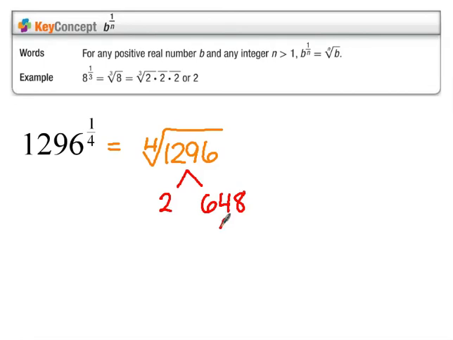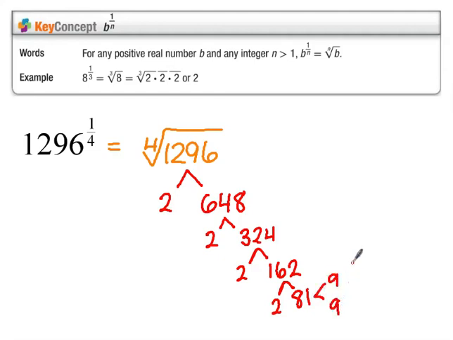Okay, let's break 648 down. 2 and 324. 2 and 162. 2 and 81. What do I know about 81? 9 and 9. I'm running out of room, so I'm going to do it this way. 9 and 9, and then I know 3 and 3, 3 and 3.